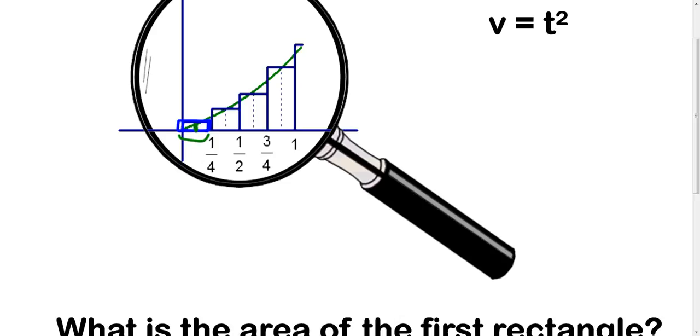The area of the rectangle is the base, which is 1/4, times the height, which is this distance right here. If you can't estimate it exactly, you can certainly plug it in. The x value I'm using is 1/8, halfway between 0 and 1/4, right? So I square 1/8 and get 1/64. So 1/4 times 1/64 gives me the area of that rectangle.